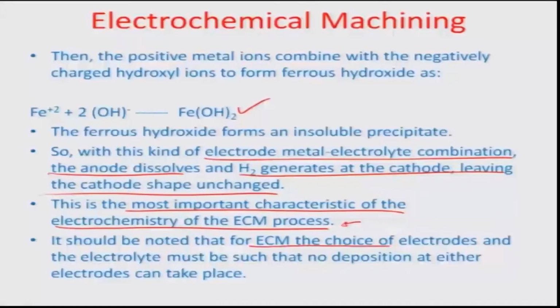So whatever is the die or the overall shape of the cathode remains as such, and it is useful for embedding onto the surface which is being machined. It should be noted that for ECM, the choice of electrodes and the electrolyte must be such that no deposition at either electrode can take place of whatever is coming off, and that is how electrochemical machining is performed.